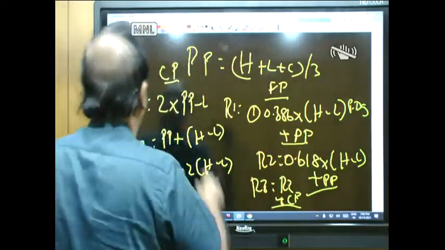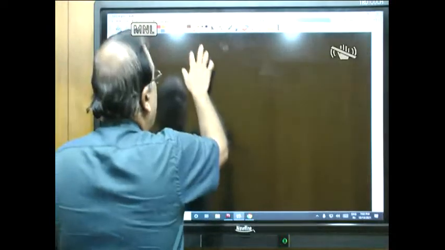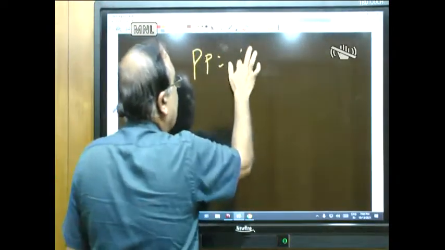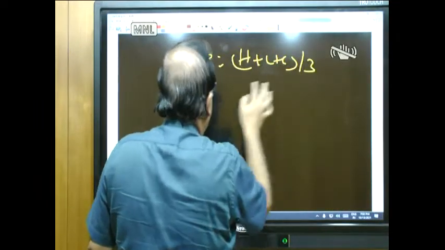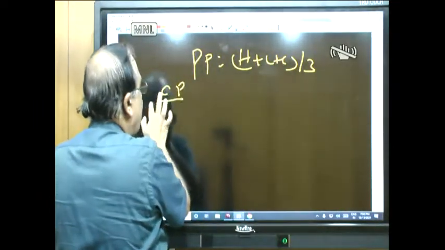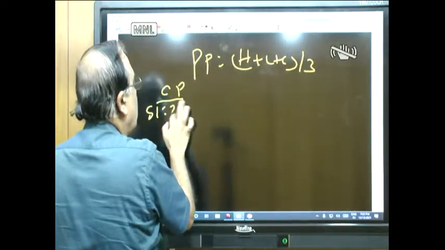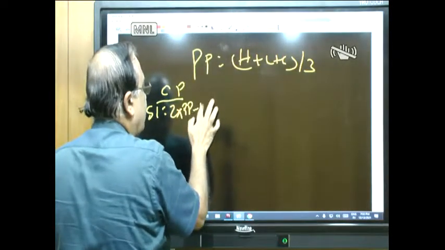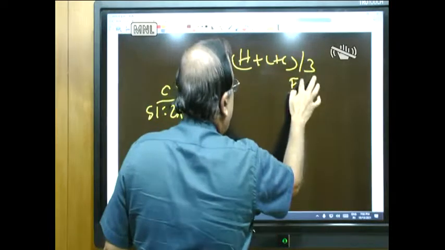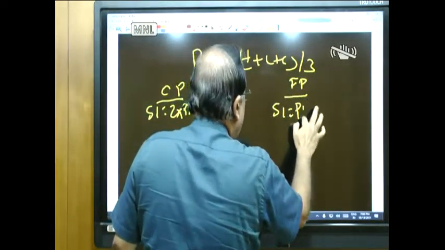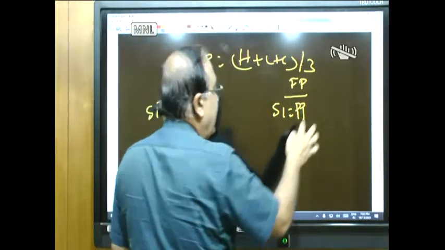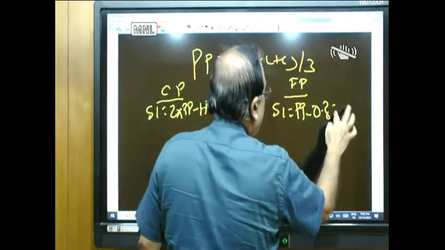In the case of classic pivot, we say high plus low plus close divided by 3, that remains the same. S1 is going to be 2 into PP minus the previous day high. In the case of Fibonacci pivot, S1 is PP minus 0.386 of previous day range.